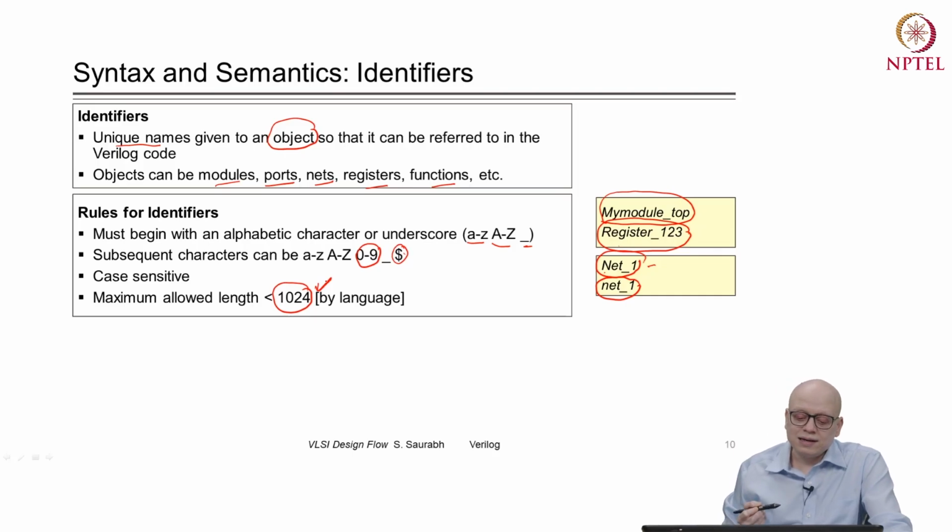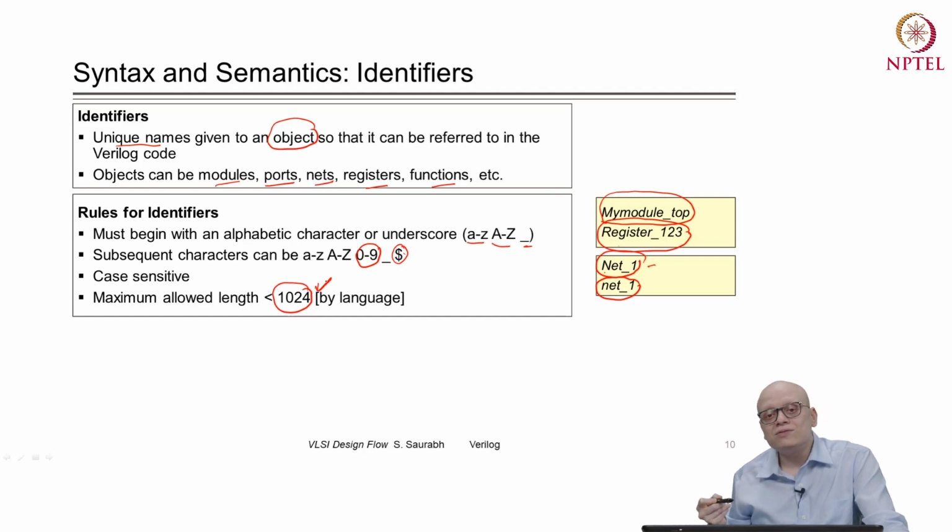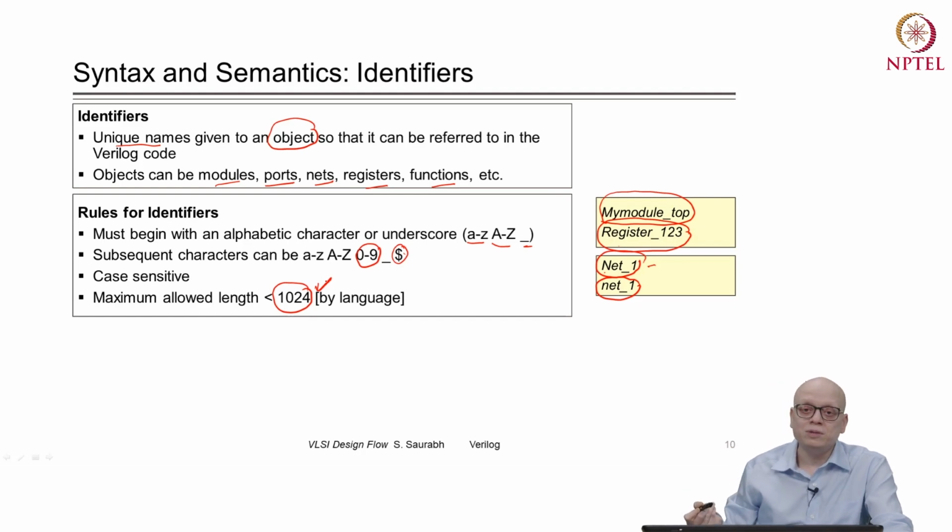The designer should typically use identifiers of size less than 1024, because we are not sure whether all the tools used in the design flow will support more than 1024. To be on the safe side, we should always restrict our identifiers to less than 1024 characters.